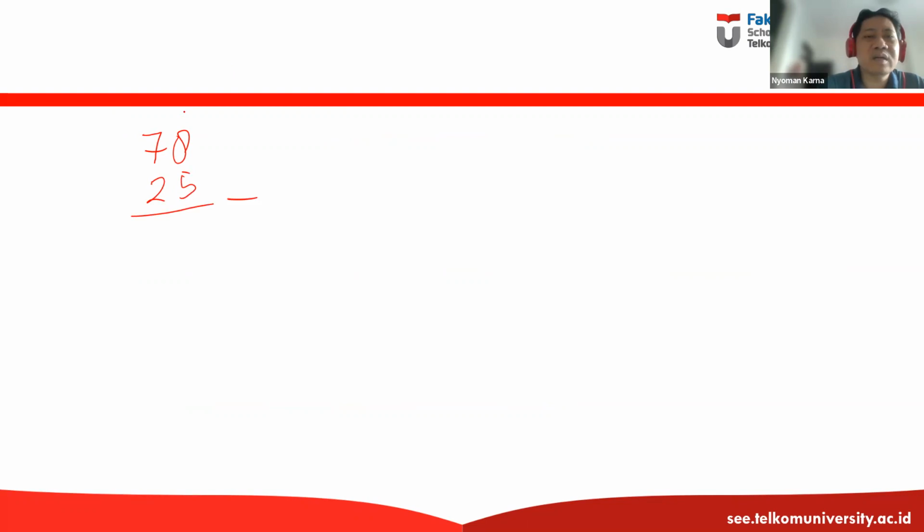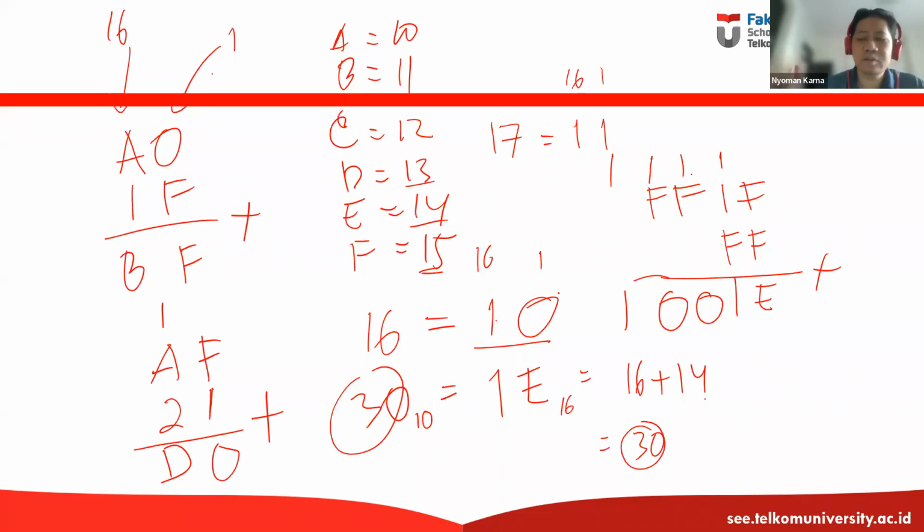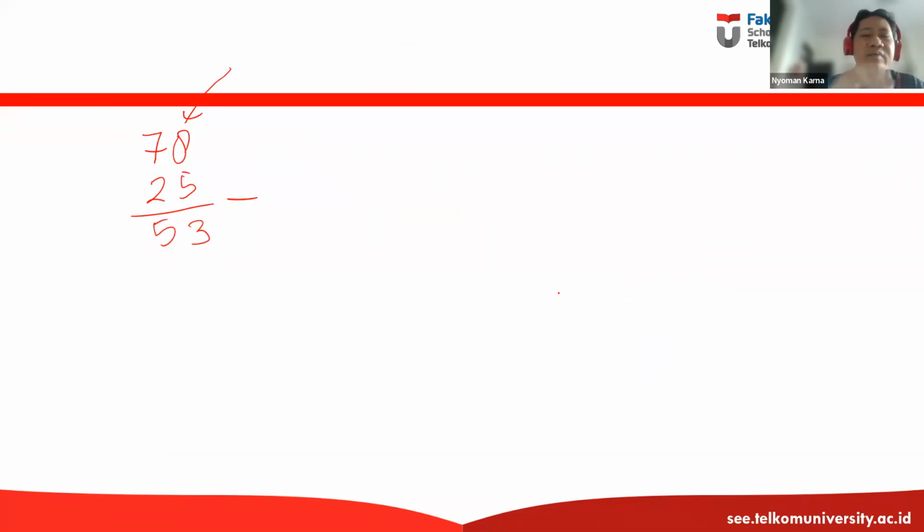So we're going to start with the least significant symbol. So we're going to start from 8 and 5. 8 minus 5 is 3. 7 minus 2 is 5. That's it.